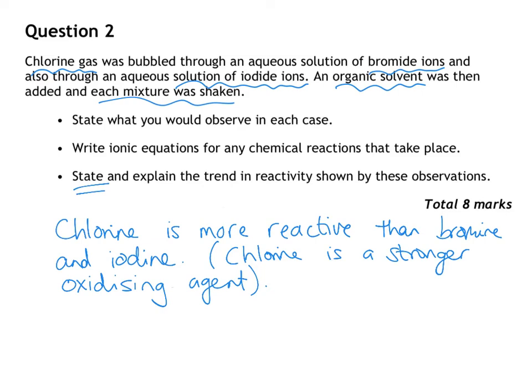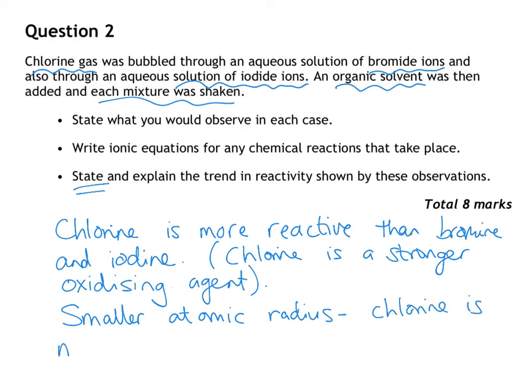Explaining the trend is simply that we've got a smaller atomic radius. So chlorine is more able to attract electrons, or words to that effect. There's a few different ways that we could say that. We could say there's less shielding, and so there's much stronger attraction to the outer shell, it is more likely to gain electrons.